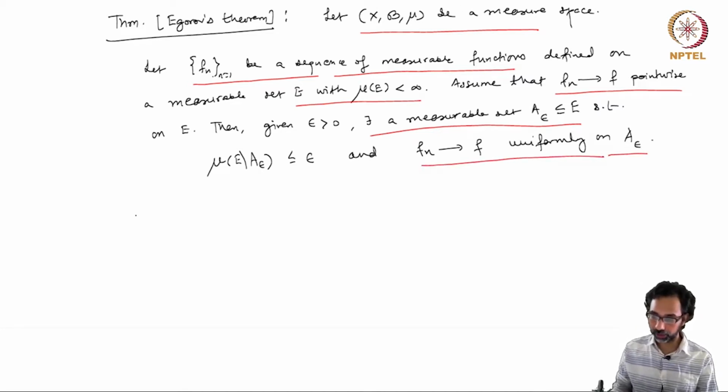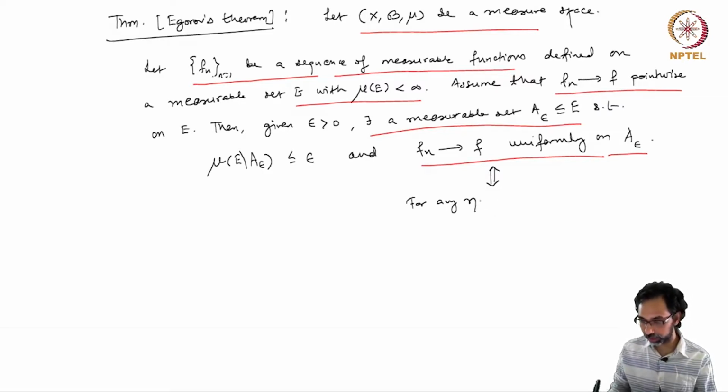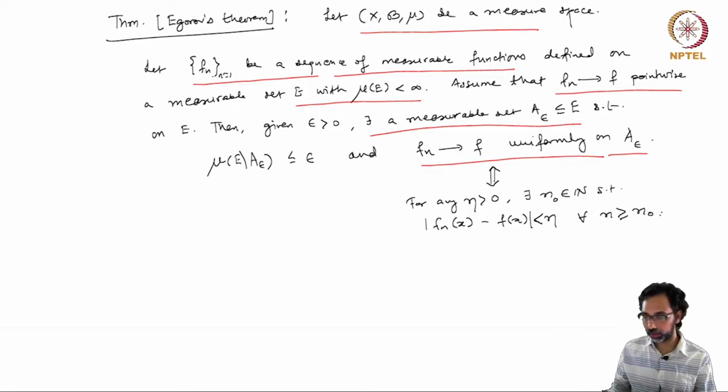Recall that f_n converges to f uniformly on A_epsilon means that for any eta greater than 0 (this is different from the given epsilon, so let me take something else), there exists a natural number n_0 such that the modulus of f_n(x) minus f(x) is less than eta for all n greater than or equal to n_0 and x in A_epsilon.